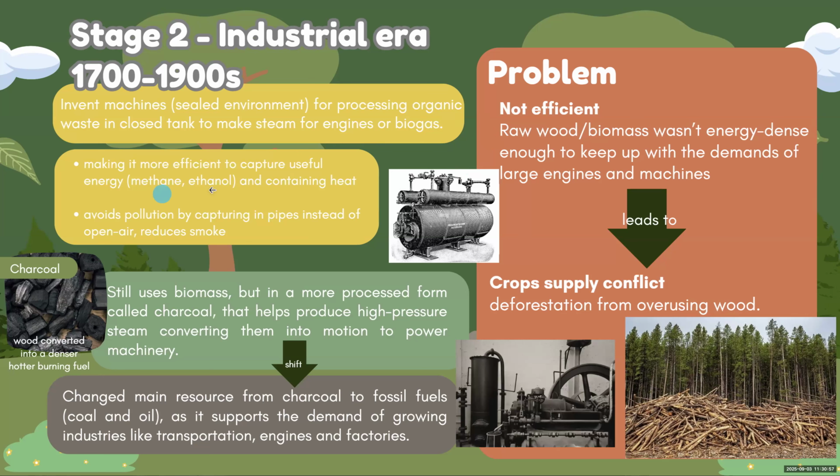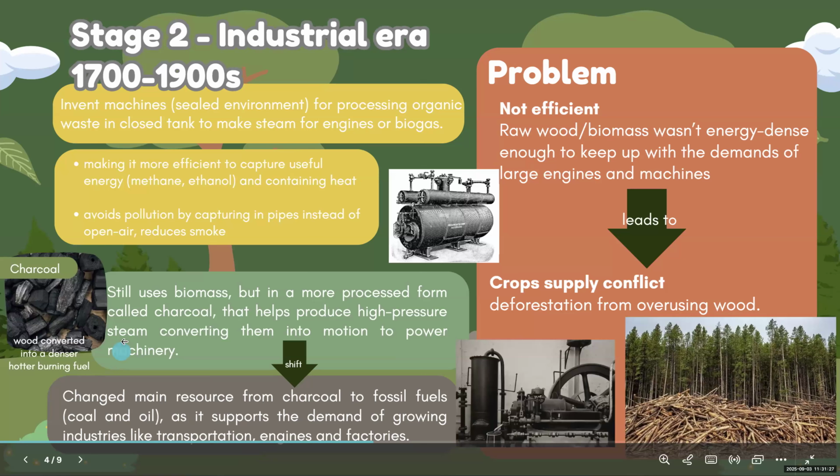So it's more efficient at capturing useful energy and containing heat, and also avoids pollution by capturing it in pipes instead of open air. For the resources, it still uses biomass, but in a more processed form. In stage 1 we use raw wood, but now we use charcoal. That helps produce high pressure steam, converting it into motion to power machinery. Charcoal is wood converted into a denser and hotter burning fuel.